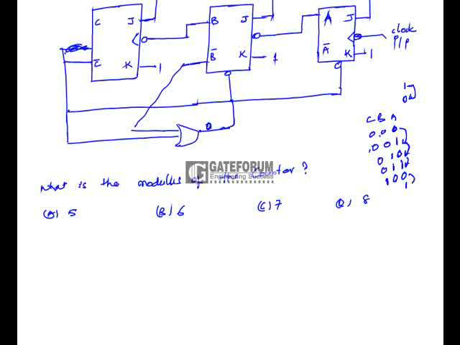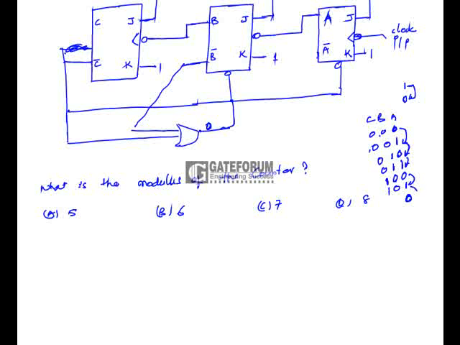This will be transferred to the clock of the second flip-flop. As it is negative edge triggered, it will not change its state when the transition is from 0 to 1, so this will remain 0. Here also it will not change, this will be 1. Now the next state of A would be 0, the first flip-flop is 0.